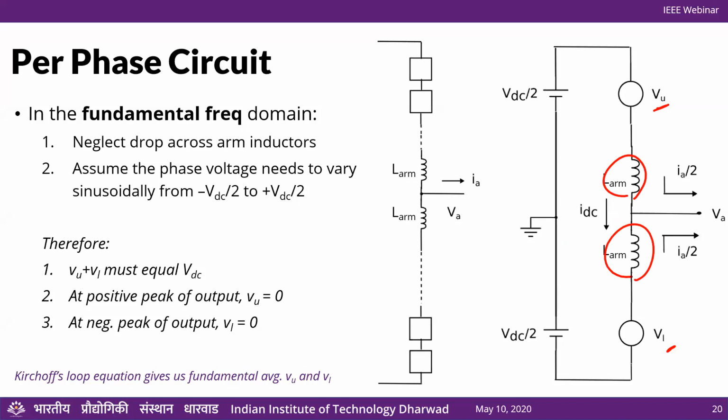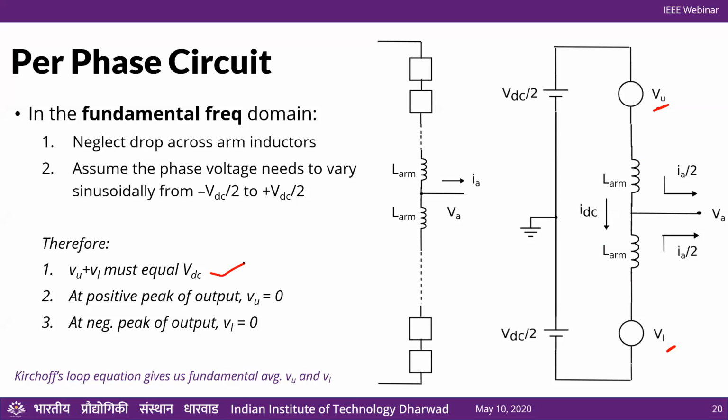And as you know, putting a DC voltage across these inductors is not a good idea. So let's say that that's our first observation. We don't want a DC voltage across these arm inductors. So VU plus VL instantaneously, or at least in the fundamental average sense, must equal VDC.